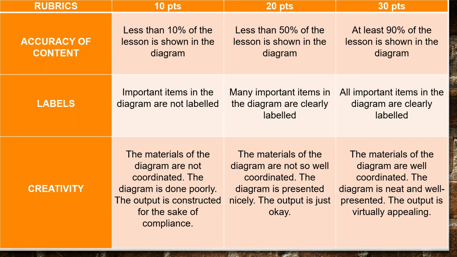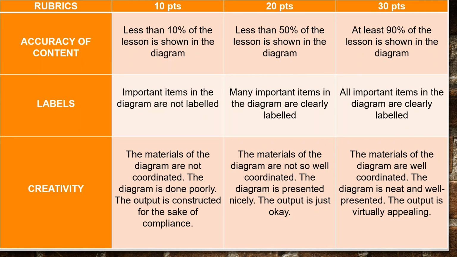For labels, 10 points if important items in the diagram are not labeled, 20 points if many important items are clearly labeled, 30 points if all important items are clearly labeled.